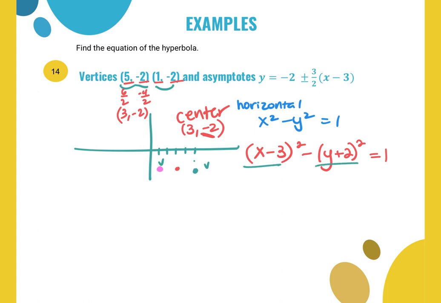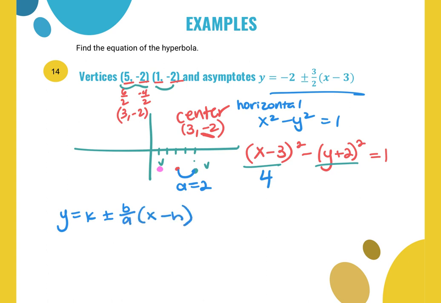And I still have to find a squared and b squared. a is still the distance from the center to the vertex. So a is 2, and I know this would be 4. Now I have to move on to the second piece of information, which is that asymptote. That asymptote is in the weird format because it has a center that's not at 0, 0. So y equals k plus and minus, it's horizontal, so b over a times x minus h should be the equation I use for an asymptote.